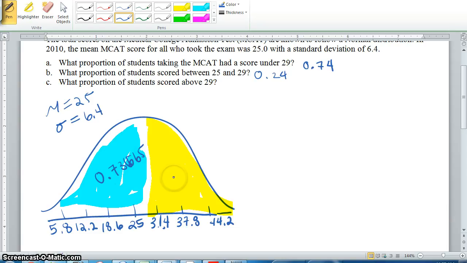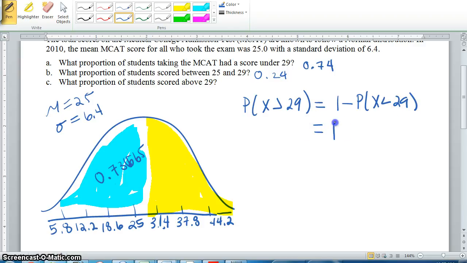That means that the area above this will simply be the complement. So if we want to find the probability that x is greater than 29, this is going to be equal to 1 minus the probability that x is less than 29. And why is it easier to find the complement? Well, this will be easier than when we actually calculate the z-score.